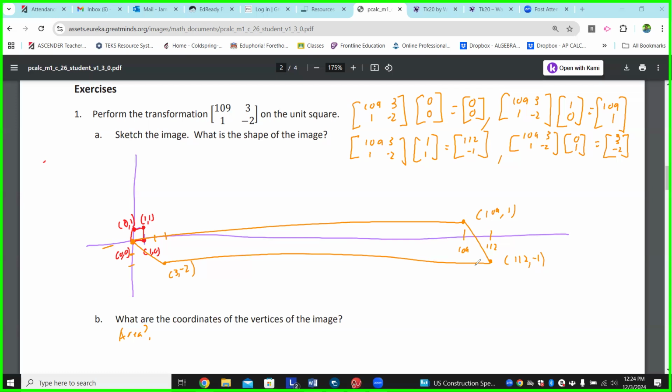The area of a parallelogram is base times height. Is there an alternative area? Well, we just found that.